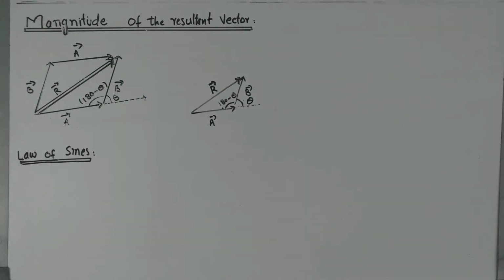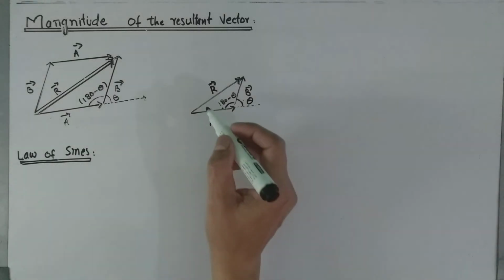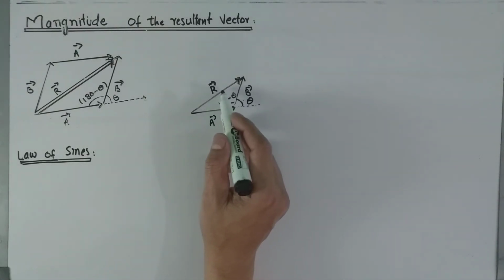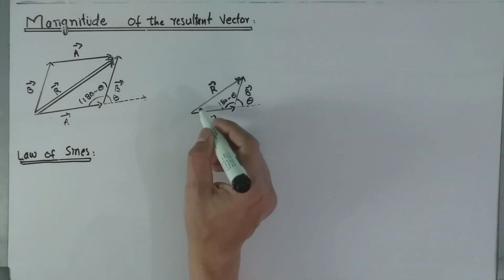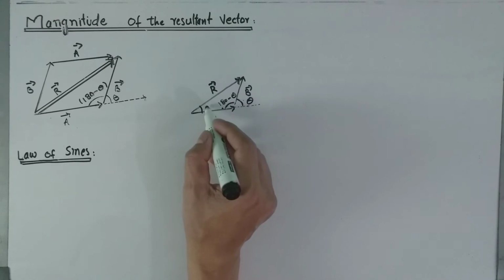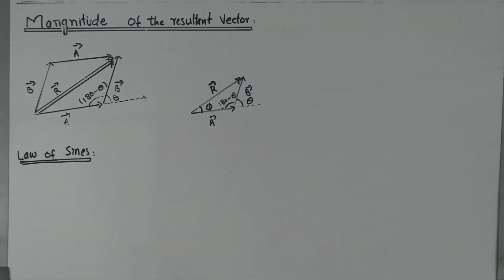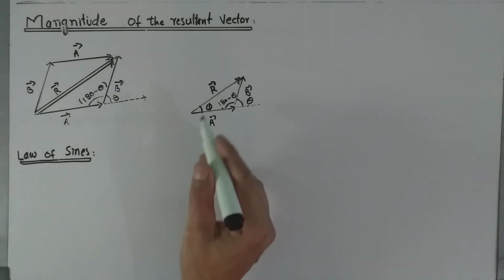The next thing we will discuss is the law of sine, and where it will be used in this case. If we need to find the direction of this resultant vector, for example, if the resultant vector makes an angle phi with the x-axis or with vector A, how can we find it?